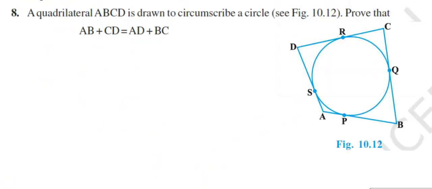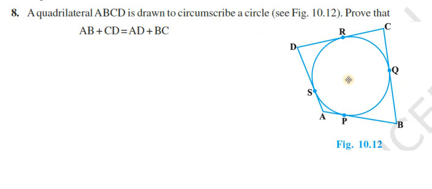Next, a quadrilateral ABCD is drawn to circumscribe a circle. See Figure 10.12. Prove that AB plus CD is equal to AD plus BC. We need to prove this, so how to prove? A quadrilateral ABCD is drawn to circumscribe a circle.